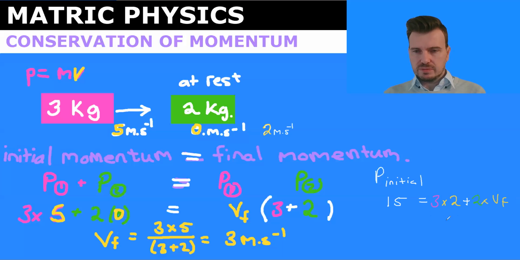And so 2 times V final equals 15 minus 6.